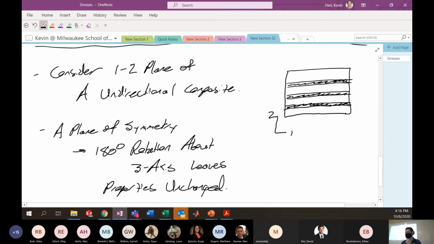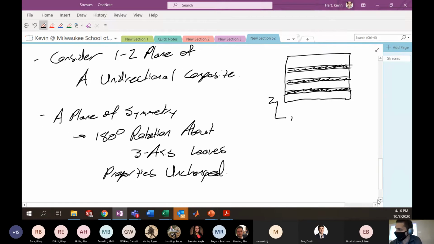So let's say that we do this. I want to look at what is the stiffness matrix of this particular composite versus what is the stiffness matrix of a composite that is rotated 180 degrees from this current configuration. We know those two things are the same, but let's apply our mathematical transformations to that and see what happens.